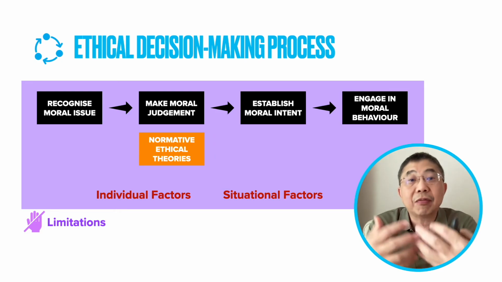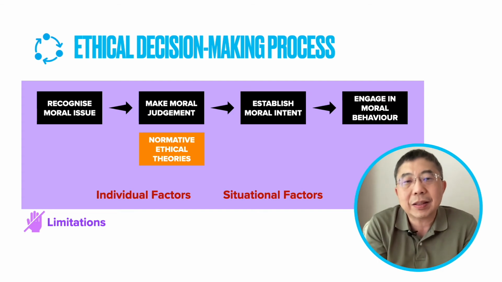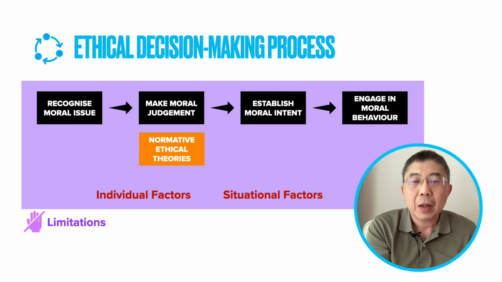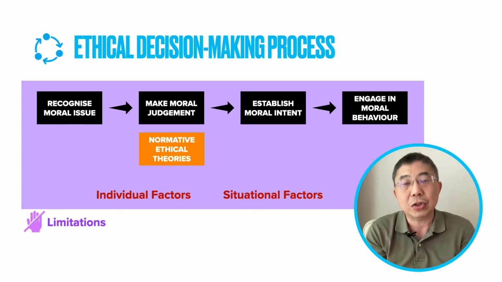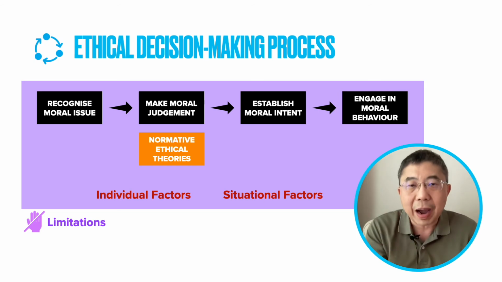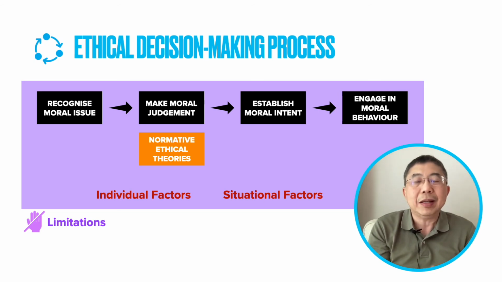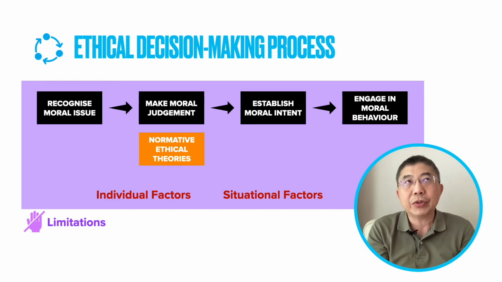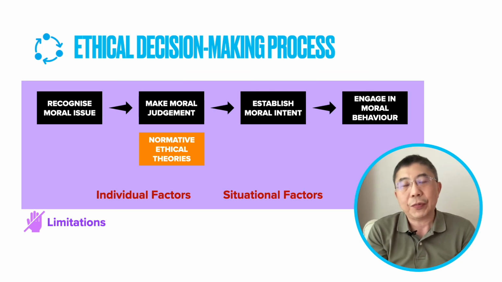We could even start from whether we can do something, and if we feel that we can't, we may not even be asking the question whether it's a moral issue or not. So we need to bear in mind that when we apply this ethical decision model, we may not apply it in a linear manner, and it is just a simplified understanding of the model so that we have some way of understanding the process itself.